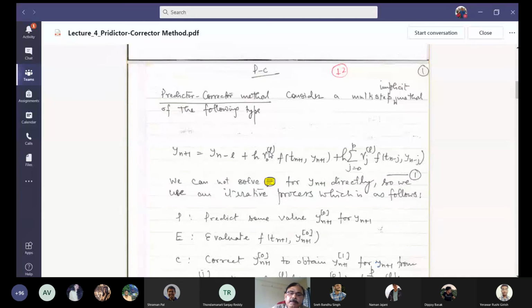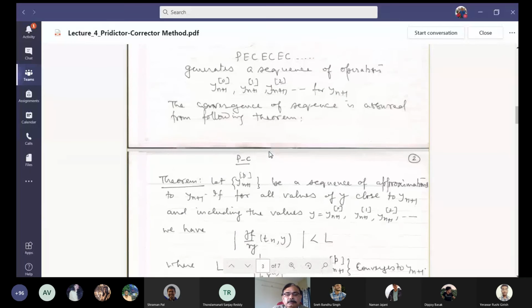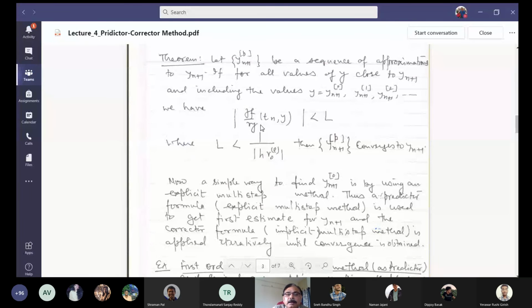So every time this term which is creating trouble is actually coming in your convergence part also. This h γ_0^L is nothing but the coefficient of the implicit part, f(x_{n+1}, y_{n+1}). Is that clear? Yes, sir.